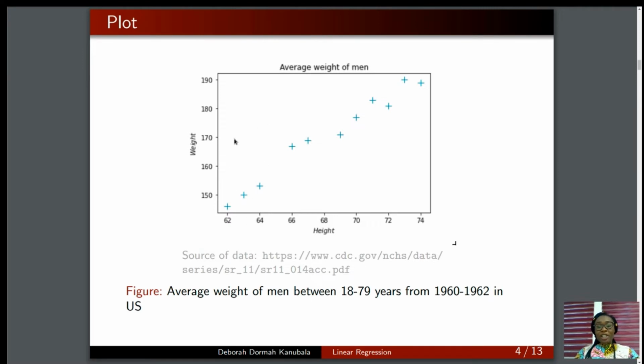First of all, let's plot this information on a graph and see how it looks. This is the height on the x-axis with the weight on the y-axis. We see the plots of these and we can observe some sort of linear relationship.